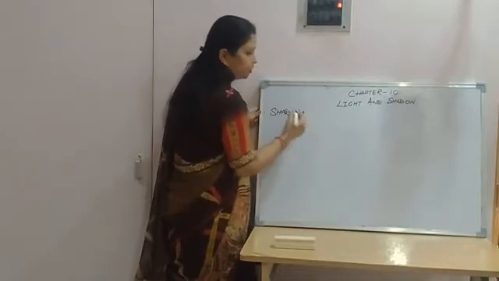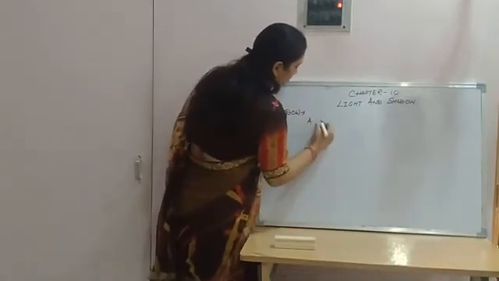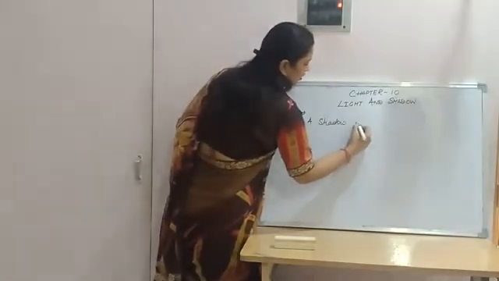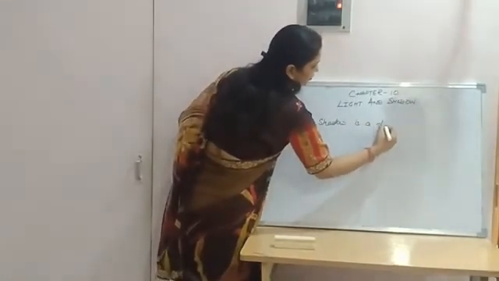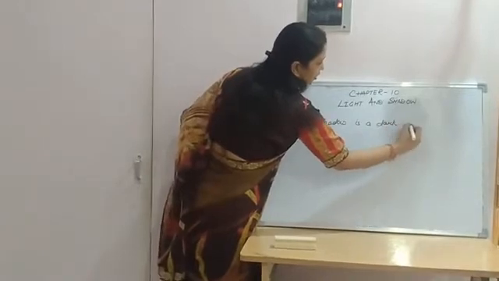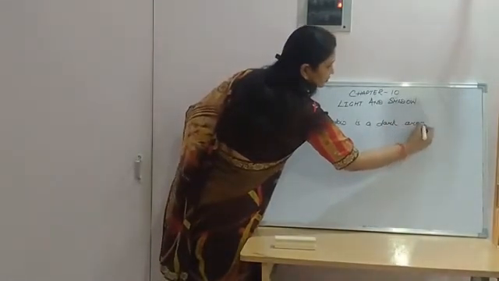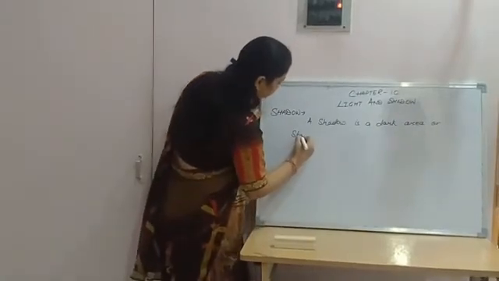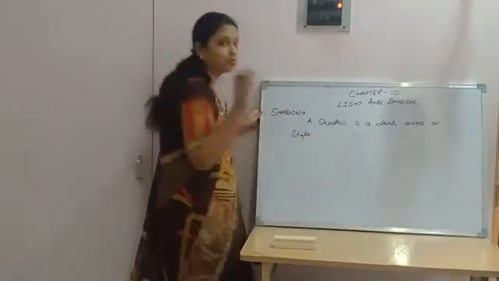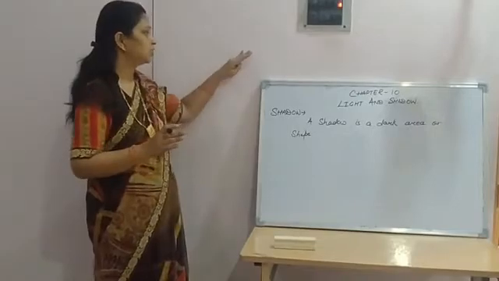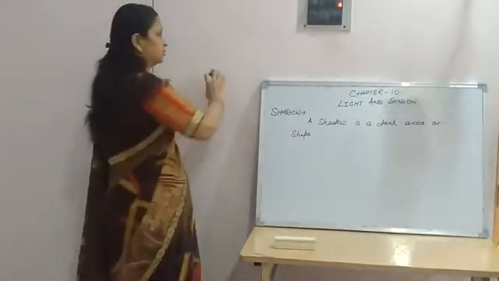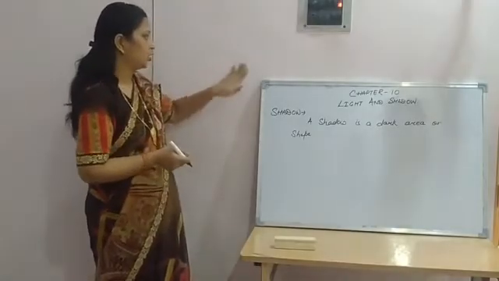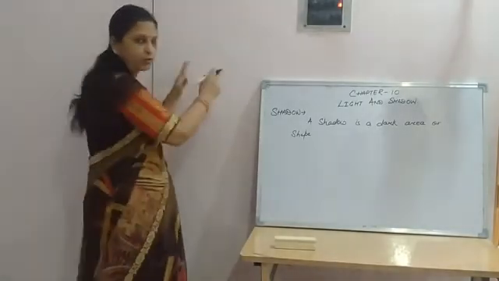We can define shadow as a dark area or shape. As you are able to see, a dark shadow is forming on the wall. So a dark area or shape of a book is forming on the wall.